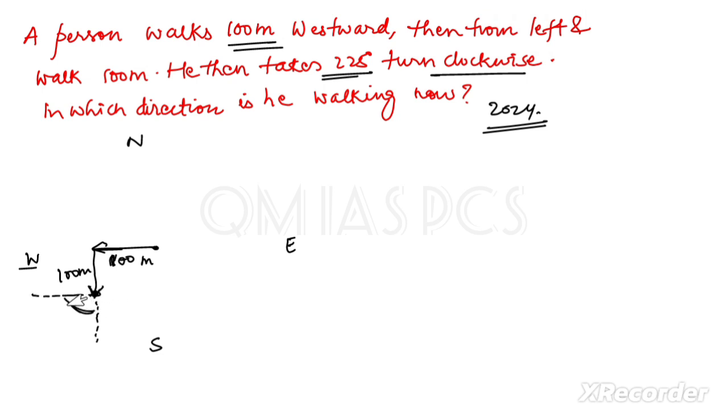And if that person is reversing that direction, going towards this direction, that will be 180-degree. Clear? So 225-degree means 180-degree plus 45-degree. This complete is 180-degree. Now 45 means this one. So this is his direction.